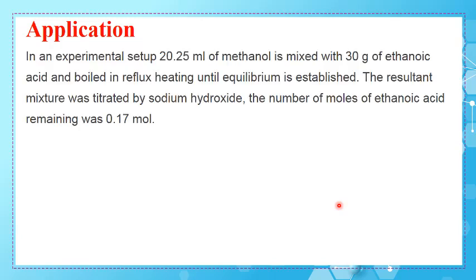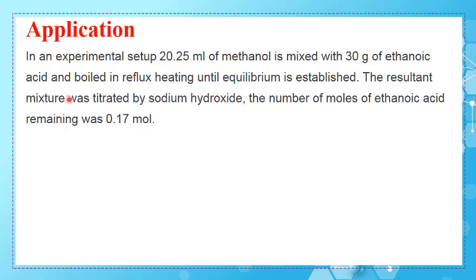So let's do this application to understand how to deal with the yield of esterification. In an experimental setup, we put this volume of methanol mixed with 30 grams of ethanoic acid and boiled in reflux heating. Now this is also a new term, very important, that will be explained after a while, until equilibrium is established.